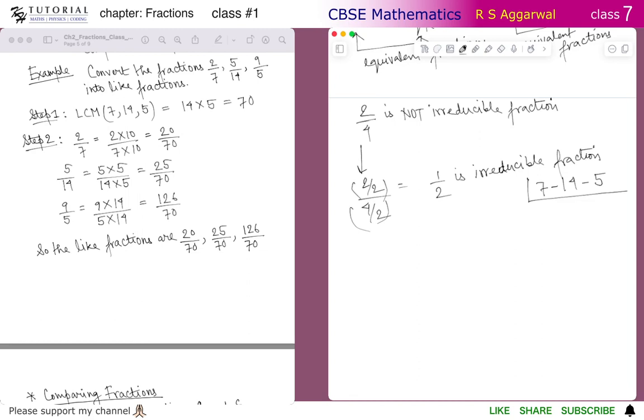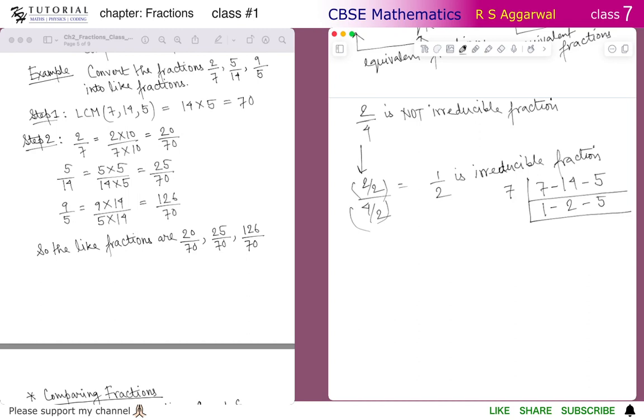We can see that 7 will divide 7 and 14. So we first take 7, which is a prime number, and when we divide all three numbers by 7, we get 1, 2, and 5 remains as 5.